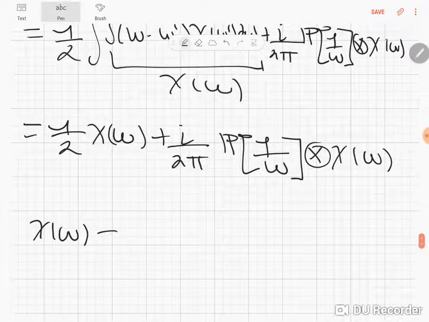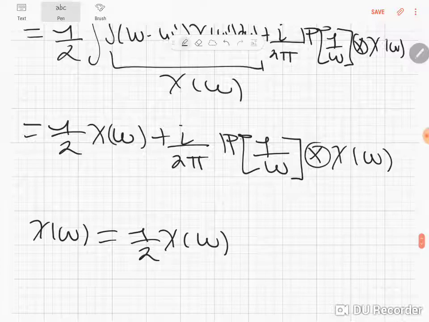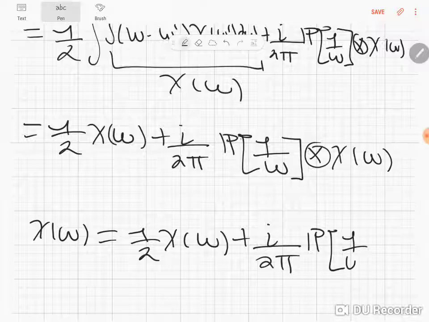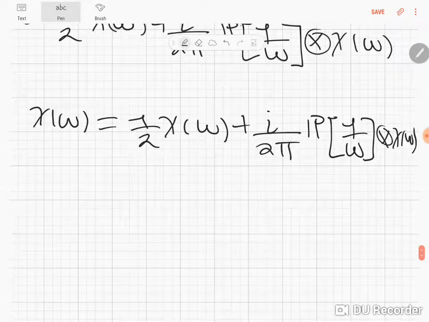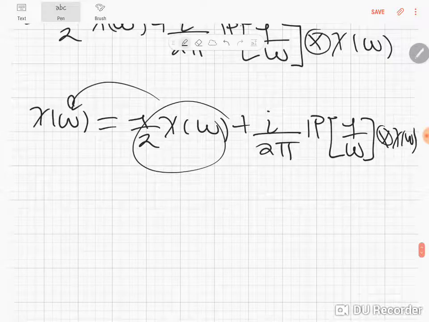let's write then chi of omega is equal to half chi of omega plus i divided by 2 pi, principal value of 1 over omega, convolution with chi of omega. And then here we can just take this part and subtract it from the left and from the right, of course, and then we get the following.